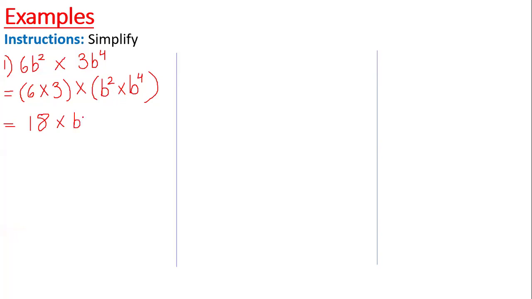B to the 2 plus 4 equals 6. So 18 times b to the power of 6. Very good.